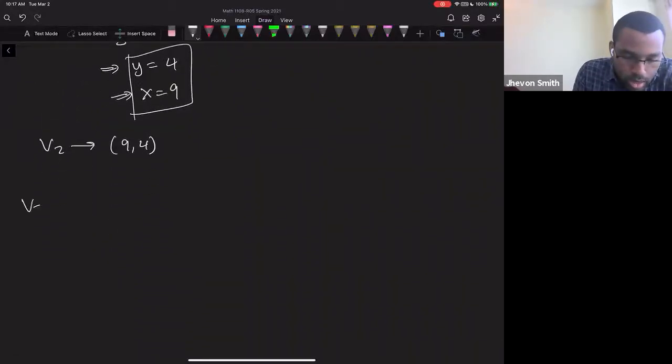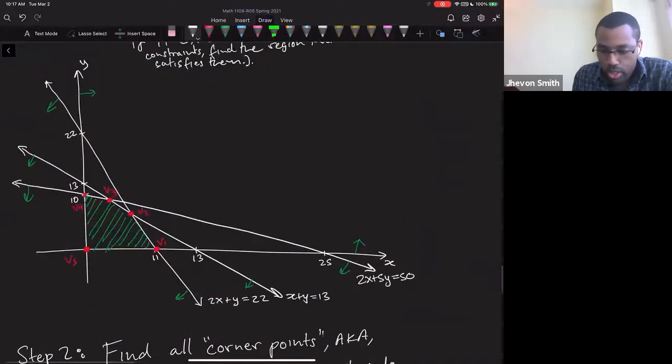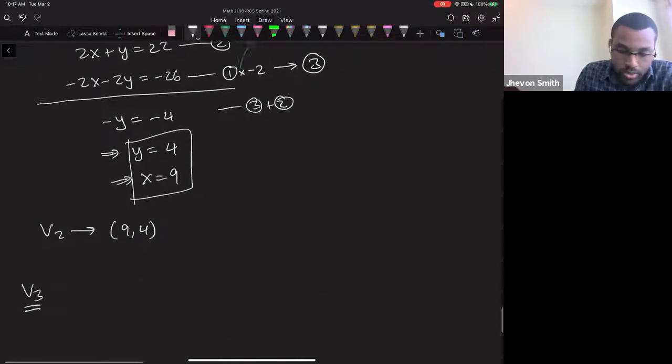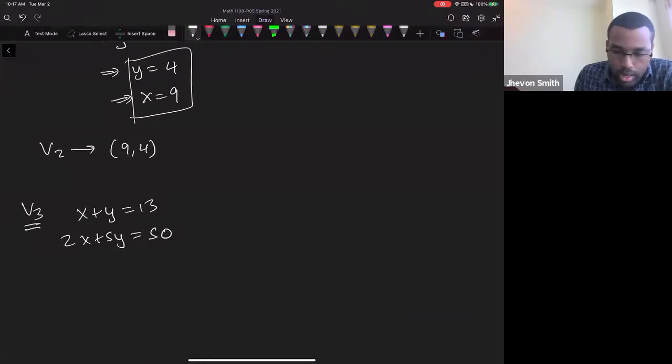So now V3, it's going to be the same process. I'm going to see which two lines intersect, which is why labeling your lines is important. I mentioned that last time. Note that V3 is the intersection of x plus y equals 13 and 2x plus 5y equals 50. So same idea, call this equation 1, call that equation 2. Multiply equation 1 by -2.